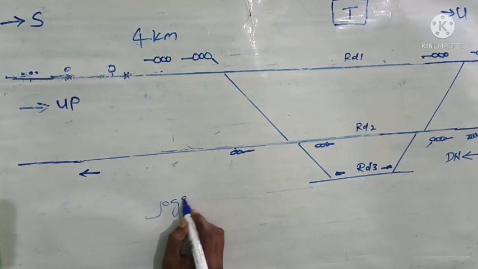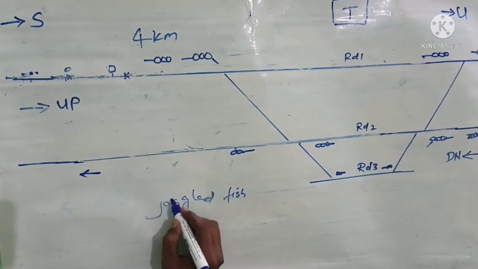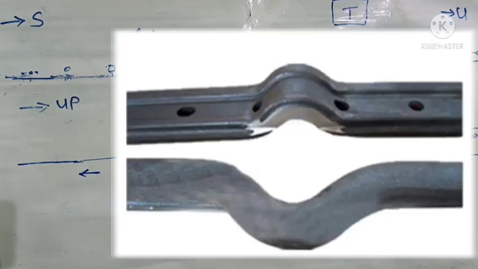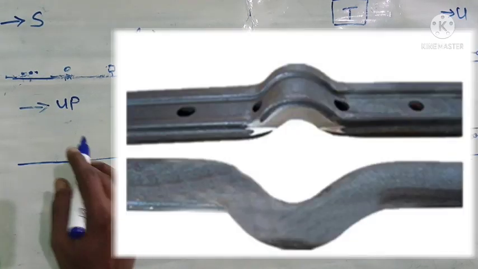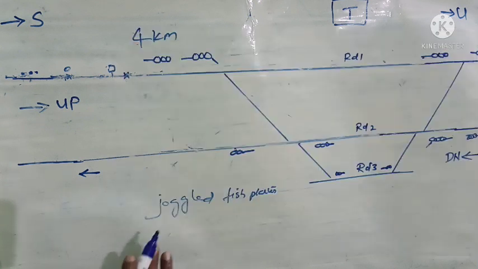Joggled fish plates are like this. Every keyman will have a small notebook in his bag. In that notebook, it will be clearly mentioned where the joggled fish plates will be available.